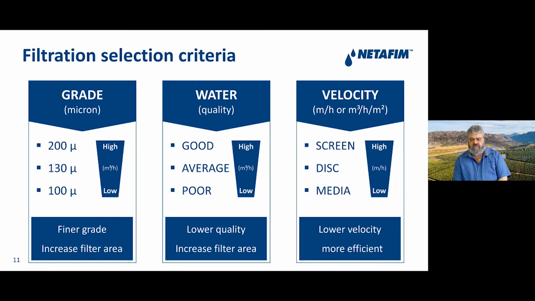And as you can understand, the lower your velocity through the medium that you use for filtration, the more efficient the filtration will be. If you increase the velocity too high for the norm that the filter is designed for, then you can actually push the dirt particles, the solid particles, through the media. And you will see some examples later.